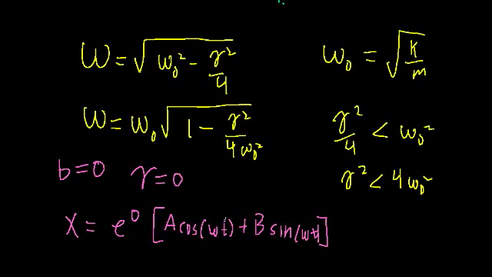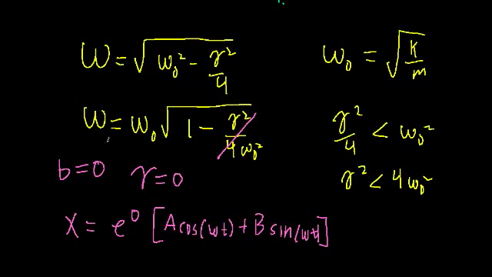Likewise, when gamma is equal to 0, we know that the frequency will be the same as the natural frequency. Because the frequency omega is equal to the natural frequency times the square root of 1 minus gamma squared over 4 omega naught squared, when gamma is equal to 0, we find that it's just the natural frequency times the square root of 1 minus 0, or just the natural frequency times 1.